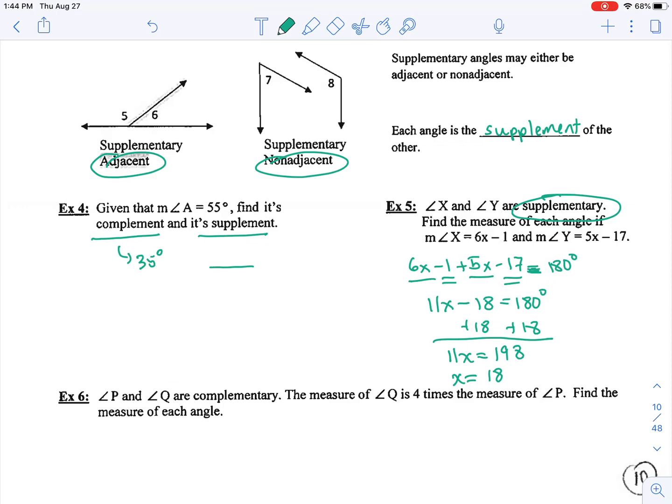So I have to take the little x and plug it into both expressions for the measure of angle X and the measure of angle Y. When I do that, the measure of angle X is equal to 107 degrees. Can I have you figure out what the measure of angle Y is equal to?